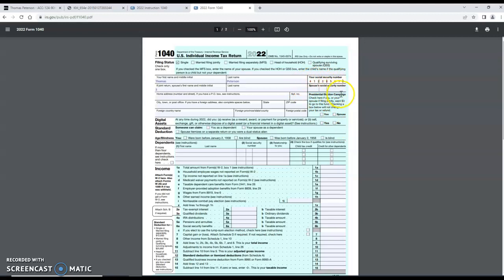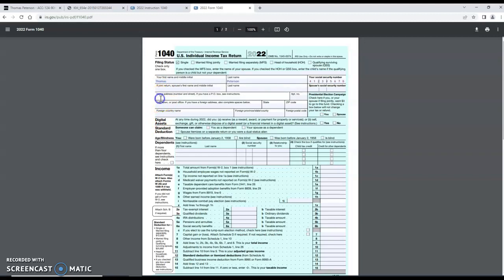Always double check it. On your exams, I'm going to do the same thing. If you put in the wrong number, that's a 0 for the entire form. So double check it always.